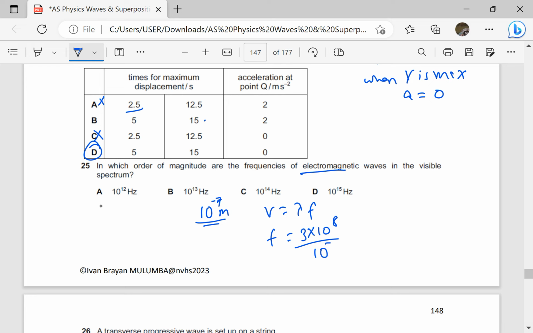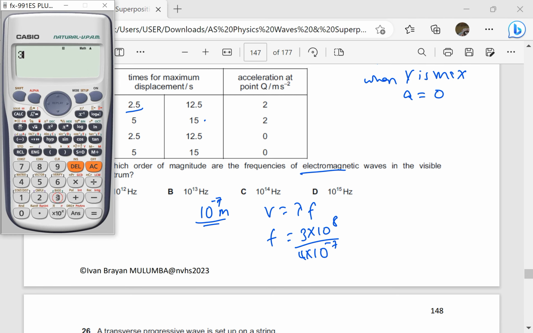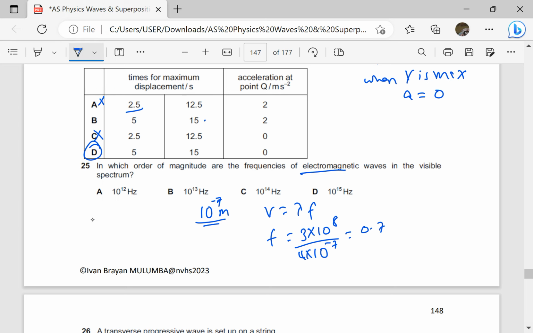If I choose a wavelength such as 4 times 10 power negative 7, that is maybe violet, I'll have 3 divided by 4. That is 0.75 times 10 power 15, which gives us 7.5 times 10 power 14.